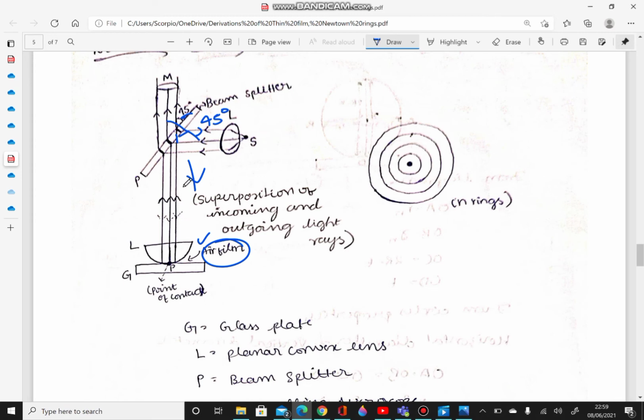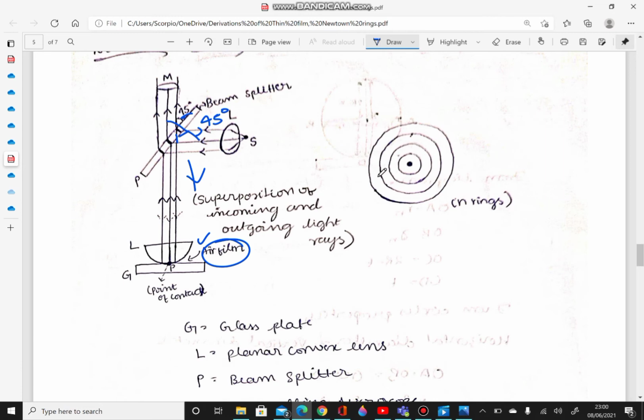That is, the incoming light rays after reflection from the beam splitter, and the outgoing light rays after the reflection from the base of the planar convex lens. The phenomenon of interference, that is the superposition of incoming and outgoing light rays, takes place here, which passes through the beam splitter and reaches this traveling microscope, which collects this data, which in turn gives us what we call Newton's rings.